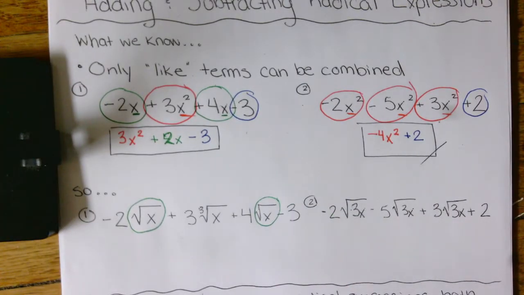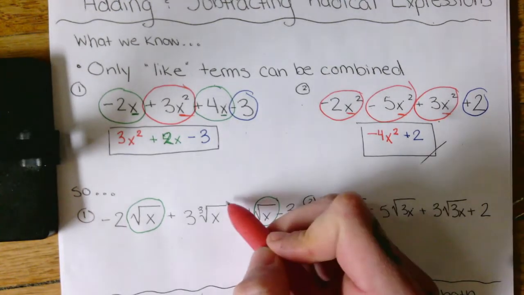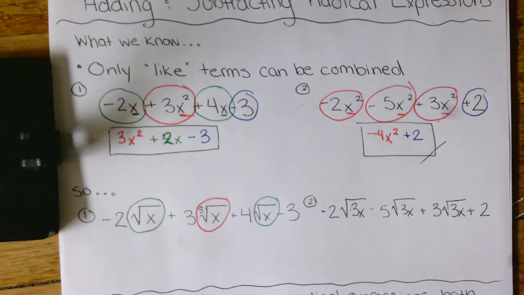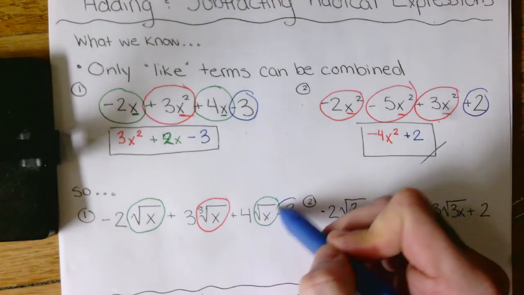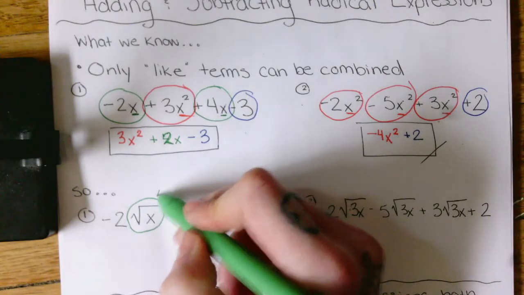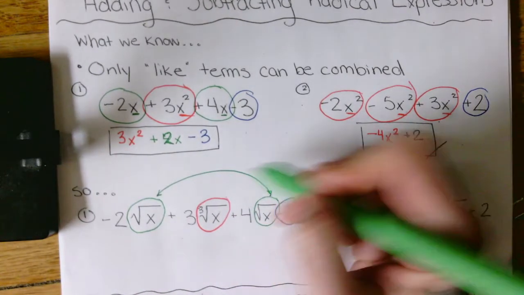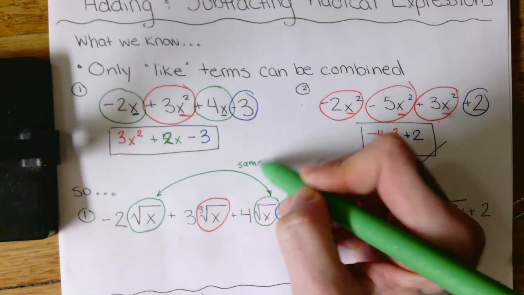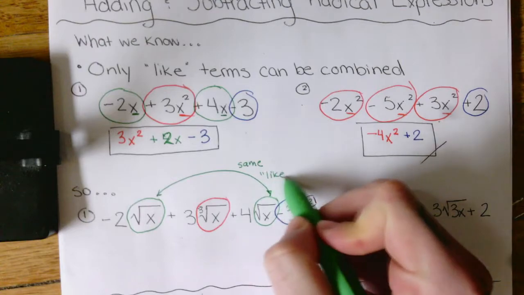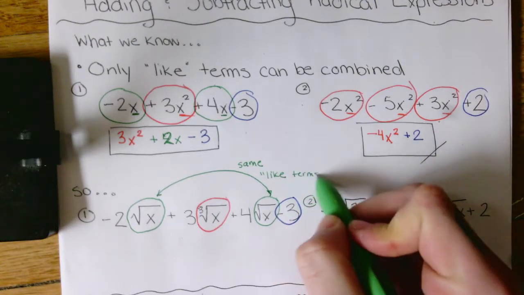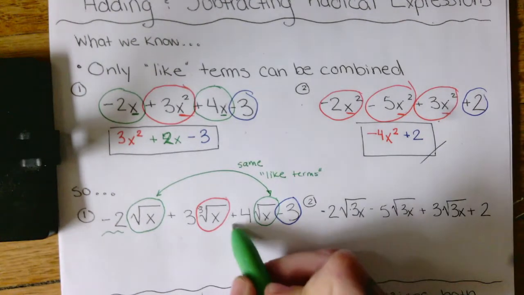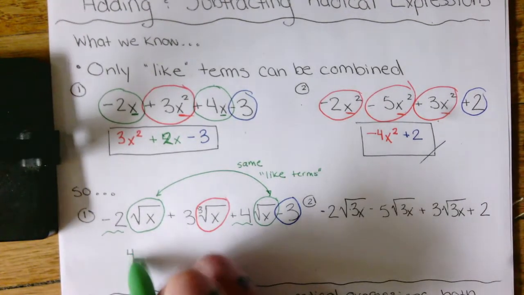And then every time I have the cubed root of x, and we'll just say this is already by itself. So because these are the same, I can say they are like terms. Okay? So I can combine the negative 2 and the positive 4.